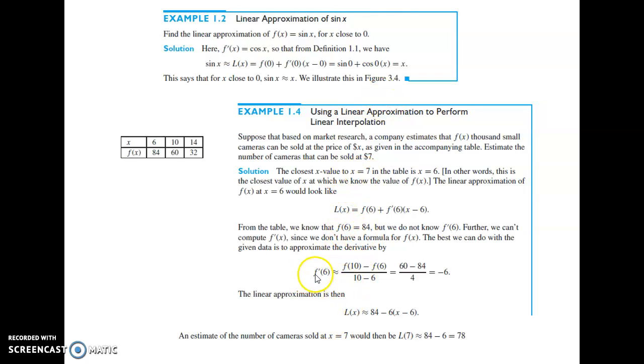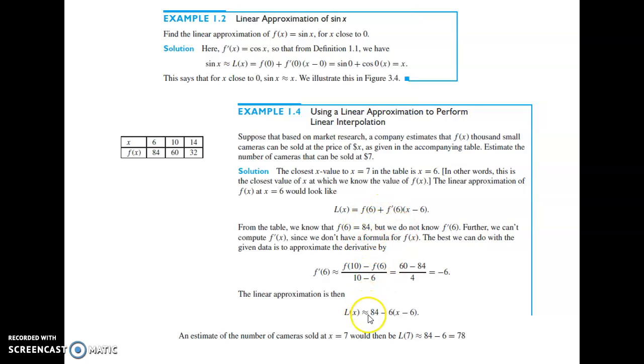So approximately I write f prime a is f of b minus f of a over b minus a. So this will be a, this will be b. f of 10 and f of 6 are from the table, so 60 minus 84. Then I divide it. So this is f prime 6.